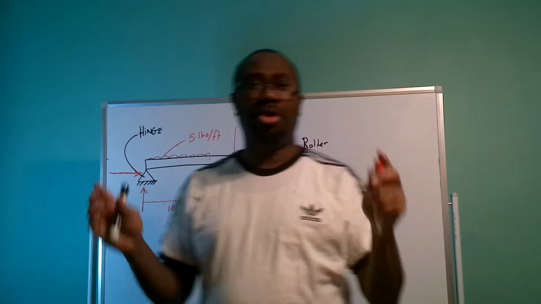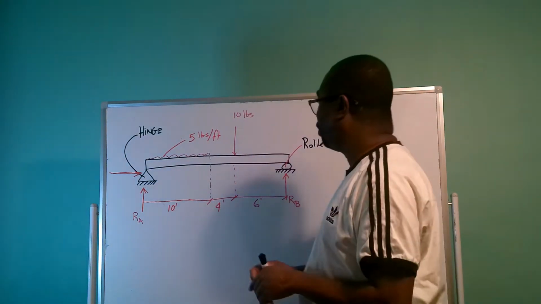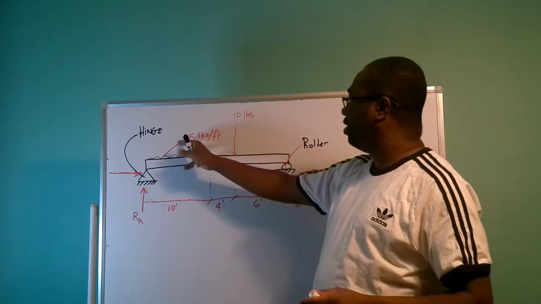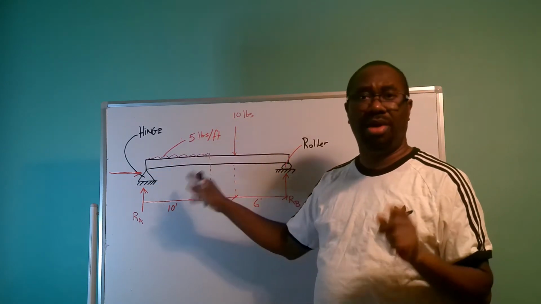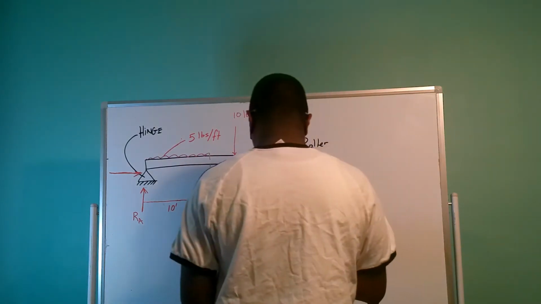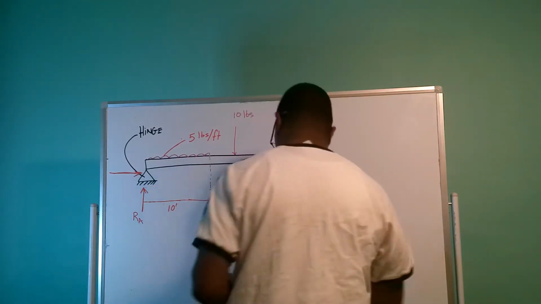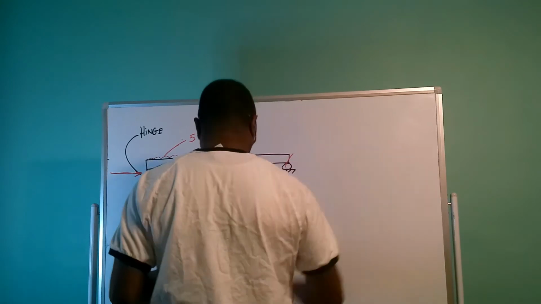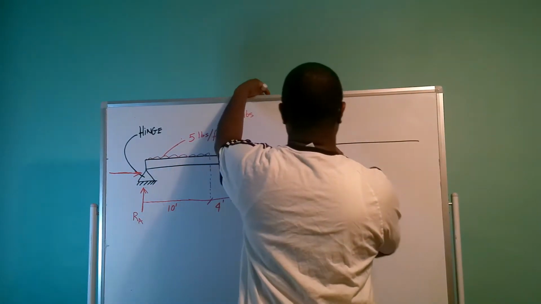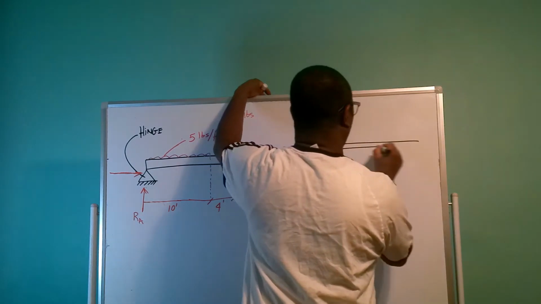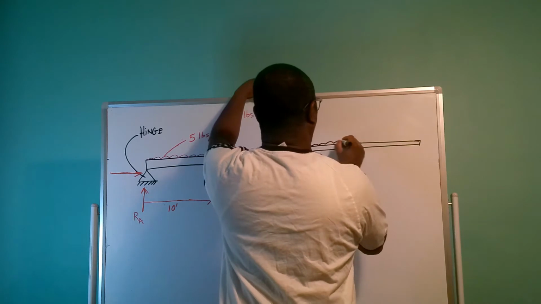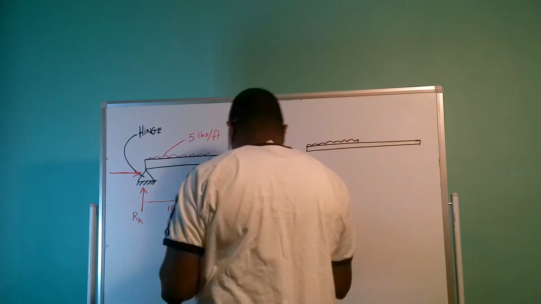So what I'm going to do now, I'm going to redraw this by changing this UDL into a point load. So the beam is going to look like this. So this is the UDL. Sorry.